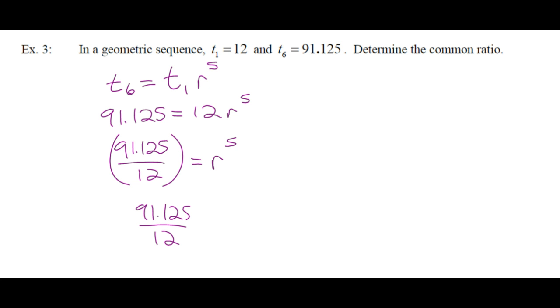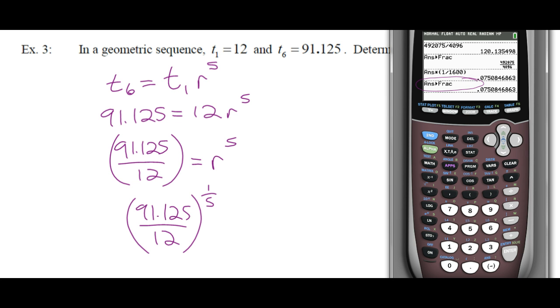How do you do the fifth root on the calculator? I just do it to the power of 1/5. You can do fifth root, right? You do have the root key there, but I prefer to do this. Easier for me. Okay, so let's clear this.